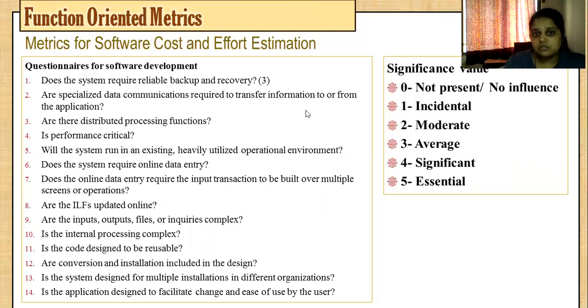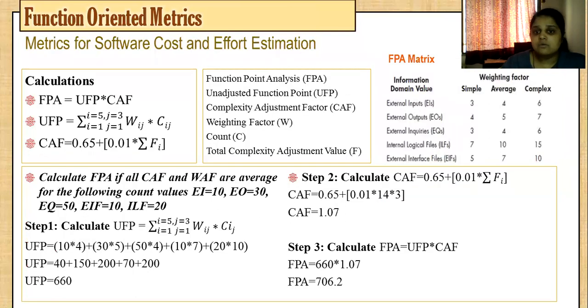So the summation of all these numbers will be 14 into 3. Do you agree with that? So 14 into 3 is going to be my number, which is equal to 42, I suppose. So here your sigma Fi is nothing but the summation of all the 14 questions' significant values.